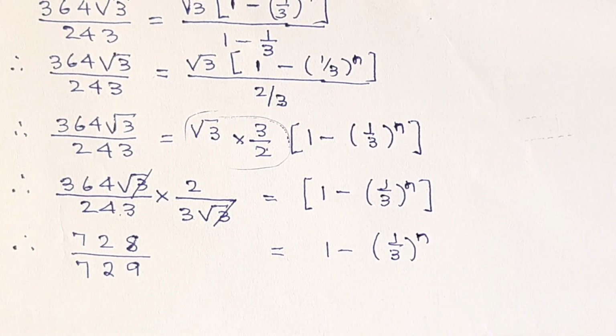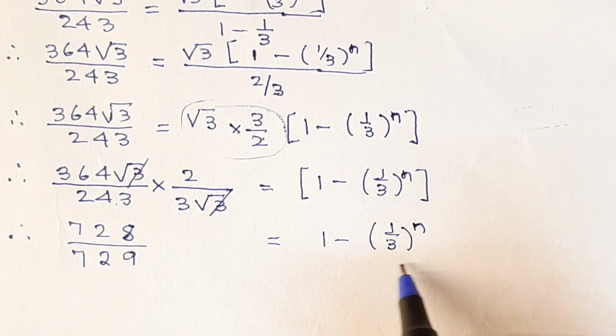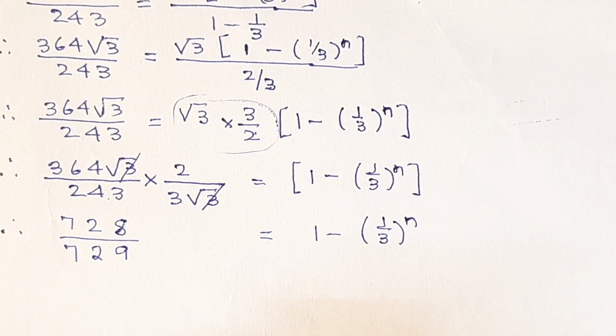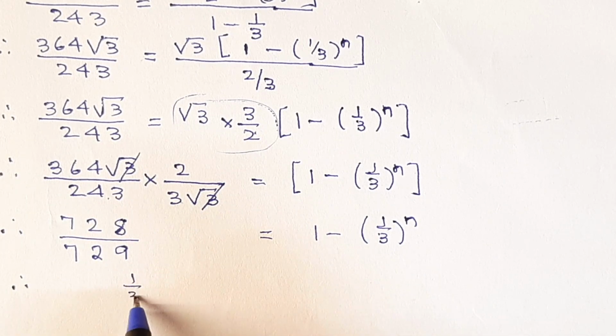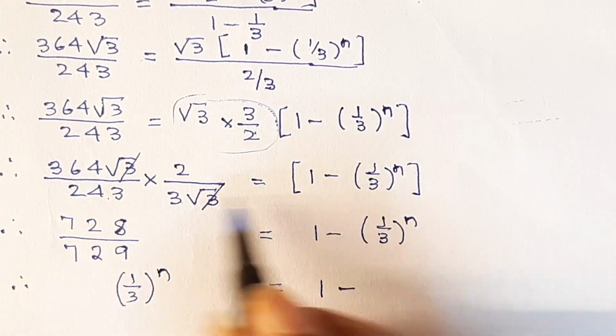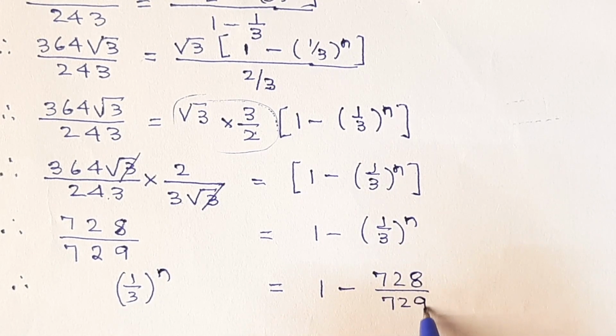Now slowly we have to come towards this n. But remember, this term is minus, so we'll bring it to the other side, so it becomes positive. So we will say therefore 1 upon 3 to the power n is equal to 1 minus, and take this number to that side, 728 upon 729.